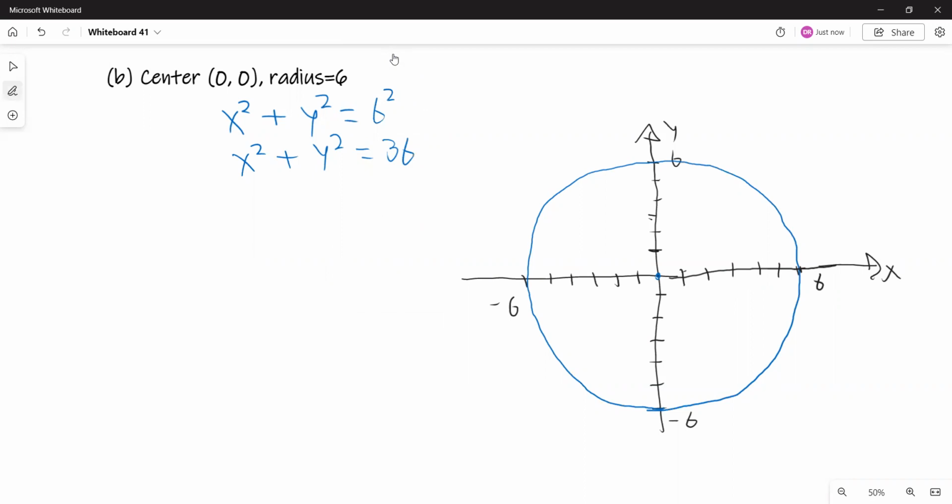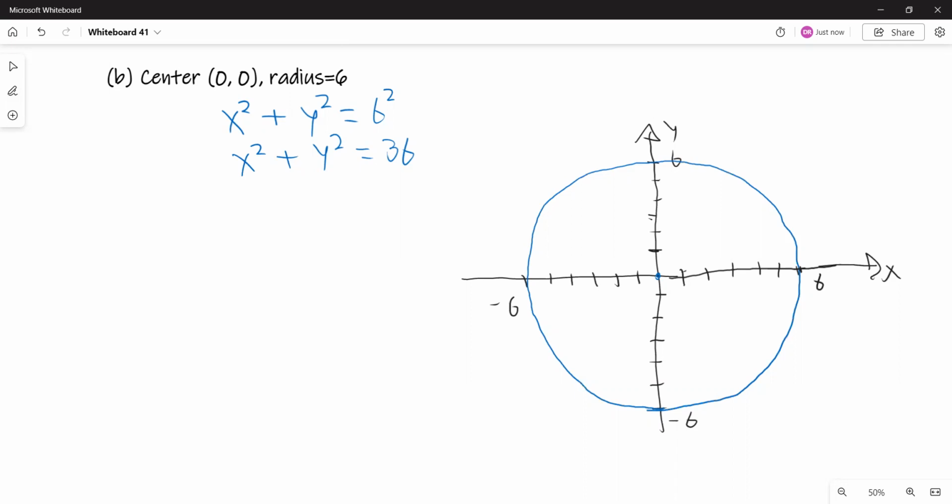Okay, we also have the general form of the equation of a circle. If you FOIL the (x minus h) squared and the (y minus k) squared, you're going to obtain the general form.